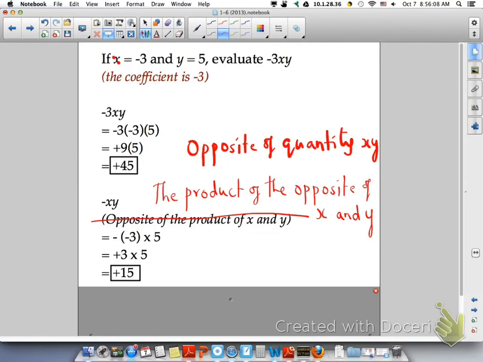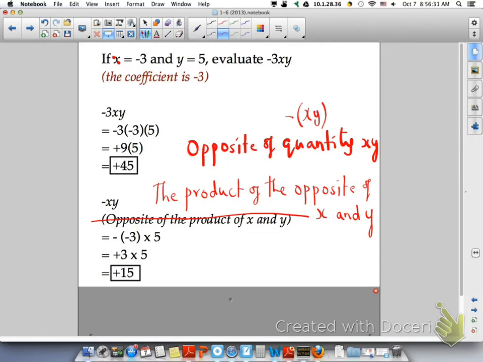So how do I actually write this as an expression? You would put parentheses around the x and y. Make sense? Okay, so this would be a translation of this, and this is the translation of that.